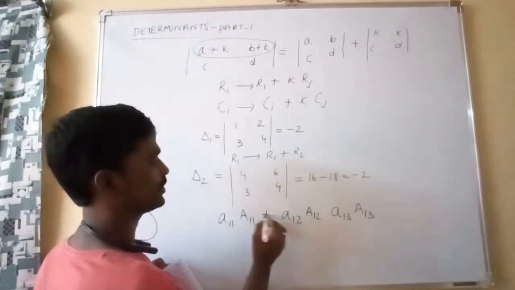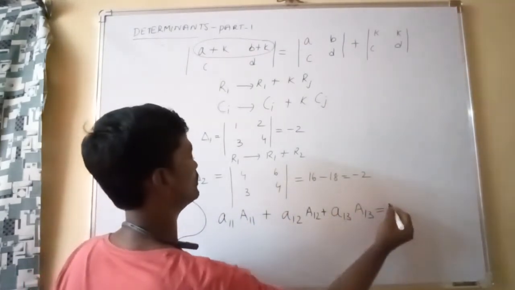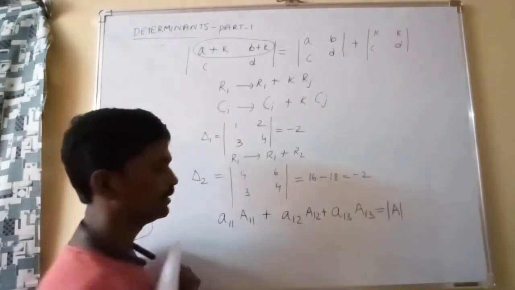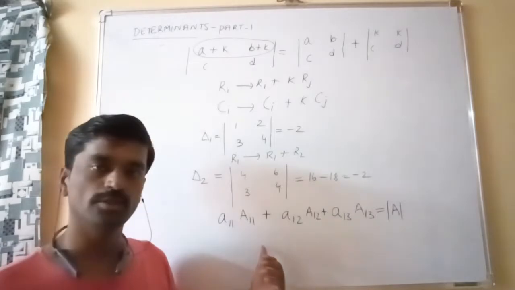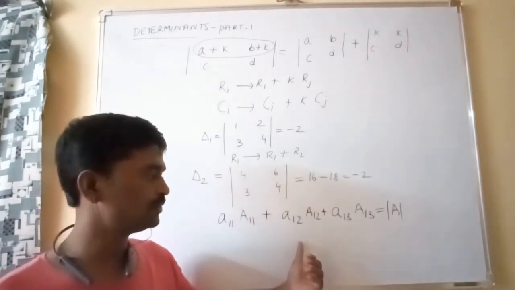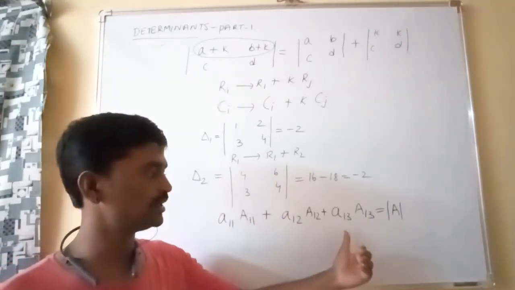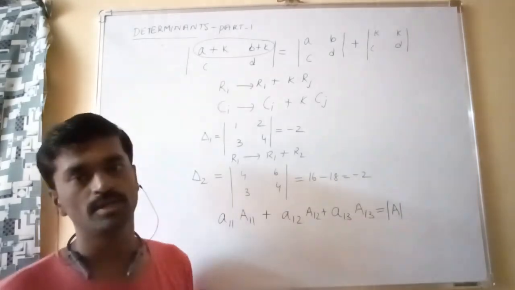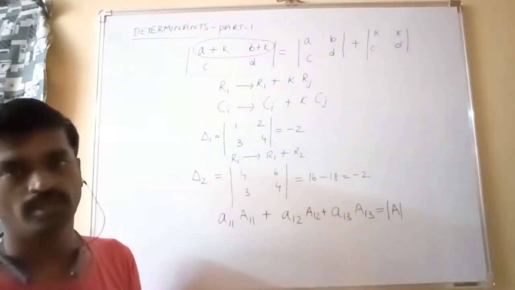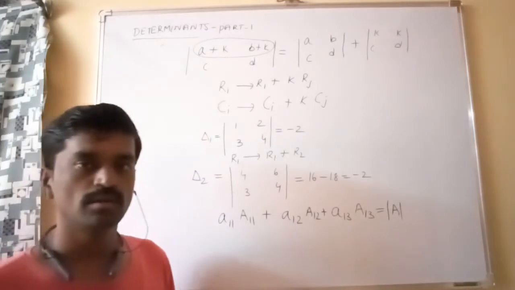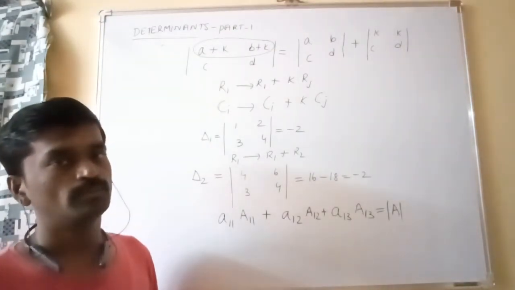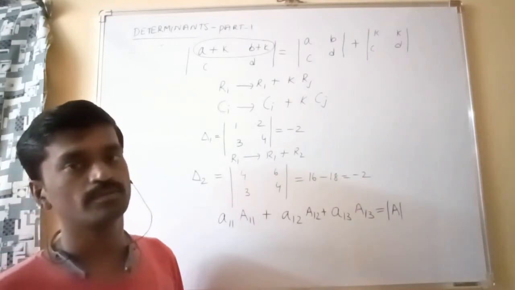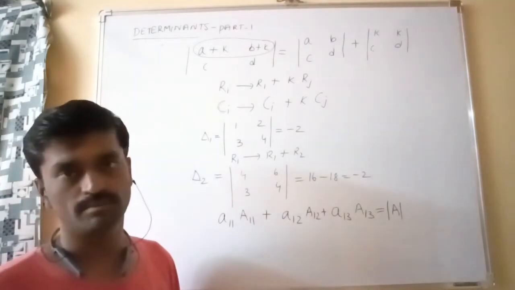Sum of the products, so this is equal to what? Det A. Similarly, a21 into capital A21 plus a22 into capital A22 plus a23 into capital A23, it is also what? Determinant of A. Suppose a11 into capital A11 plus a12 into capital A12 plus a13 into capital A13, it is also what? Value of the determinant.